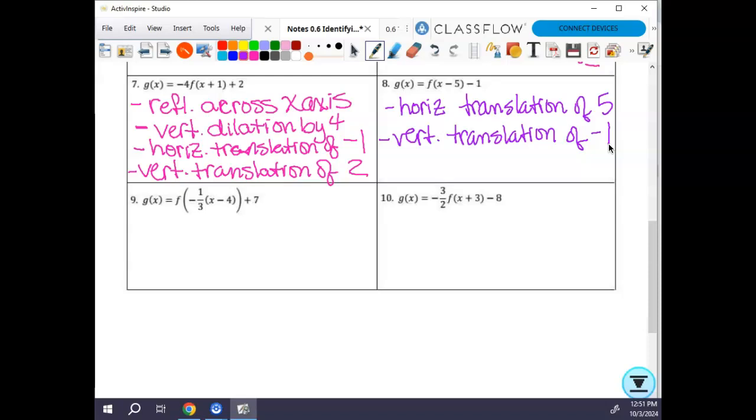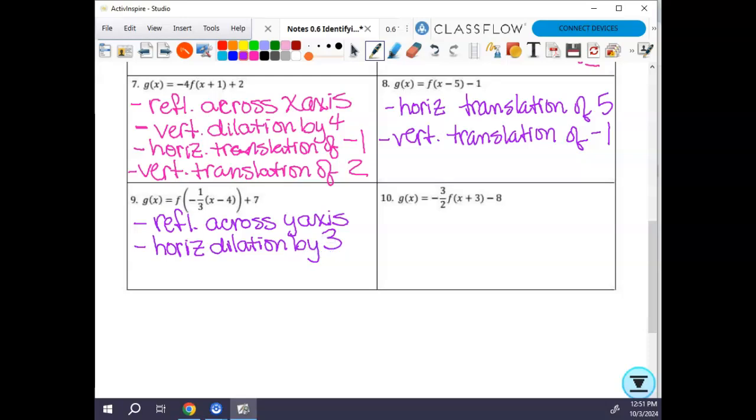All right, I think we can get these last two in here just to get them all done. All right, this negative, does it affect X or Y? X. So this is a reflection across which axis? Y axis. Very good. That 1/3, does it affect X or Y? X. So this is a horizontal dilation by what? 3.